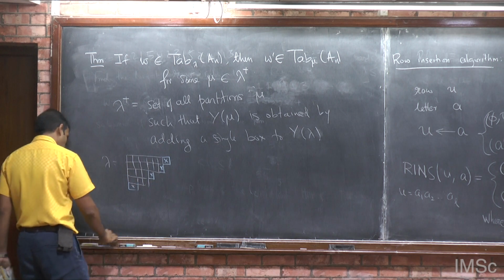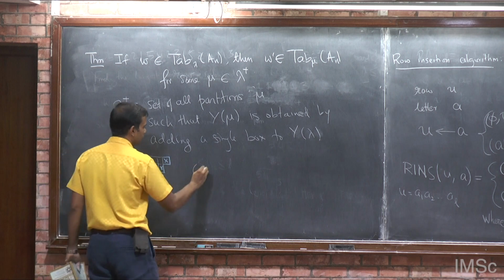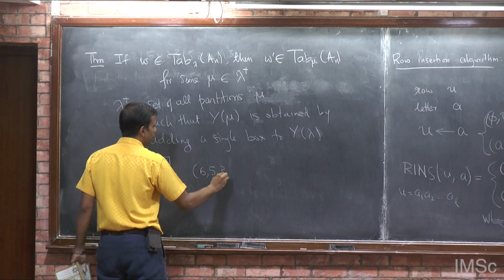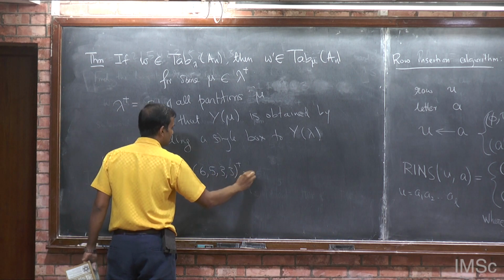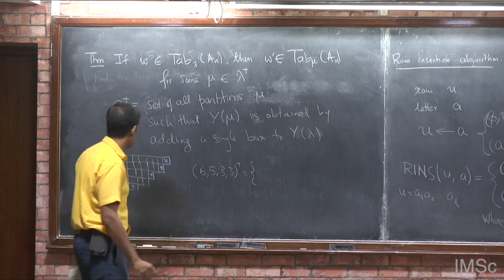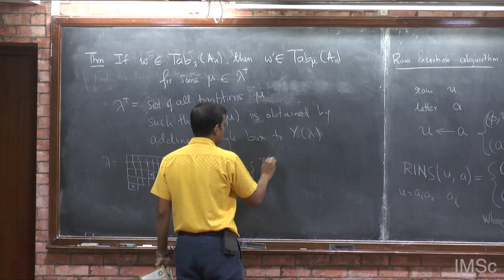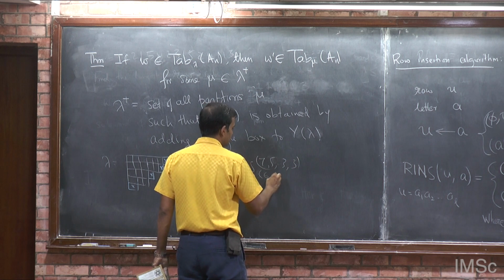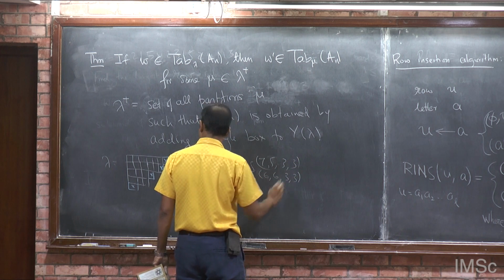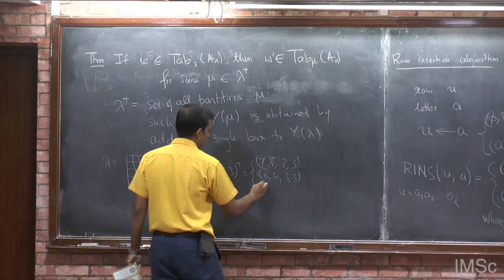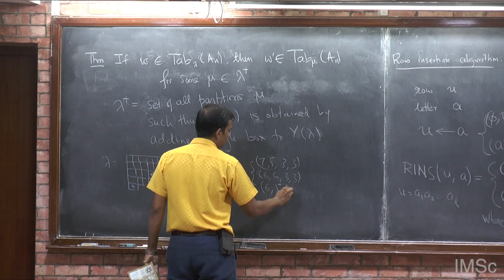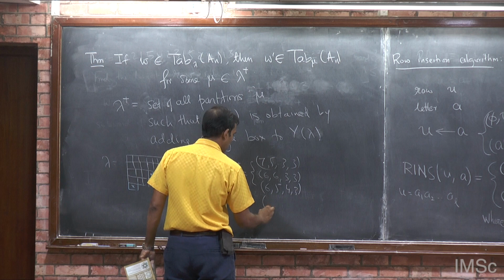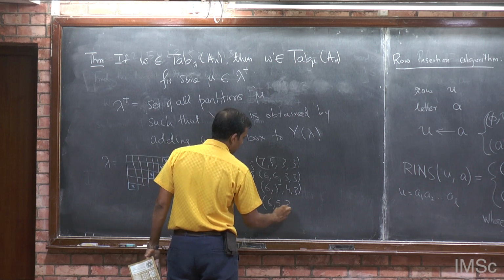Right. So, what we get is 6, 5, 3, 3 plus is the set of all partitions 7, 5, 3, 3, 6, 6, 3, 3, 6, 5, 4, 3 and 6, 5, 3, 3, 1.